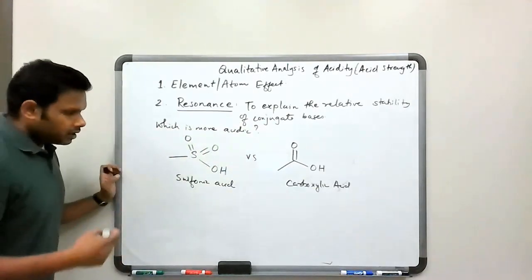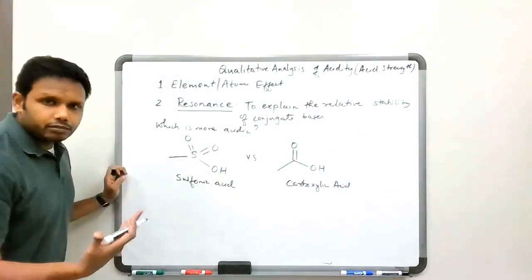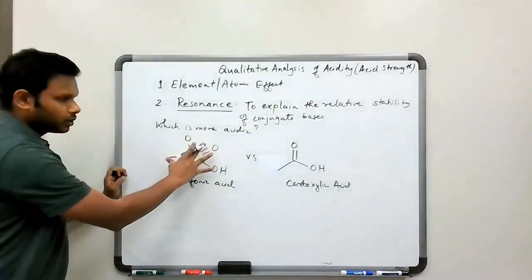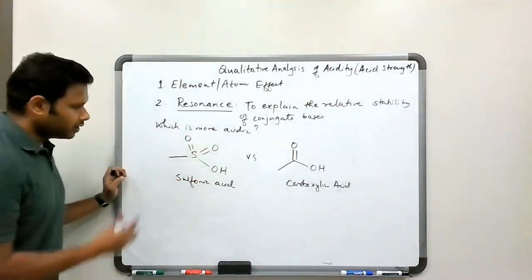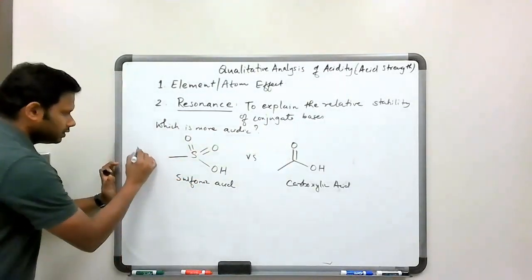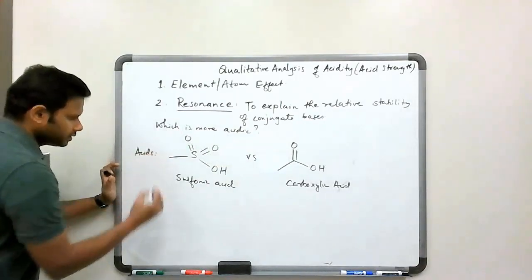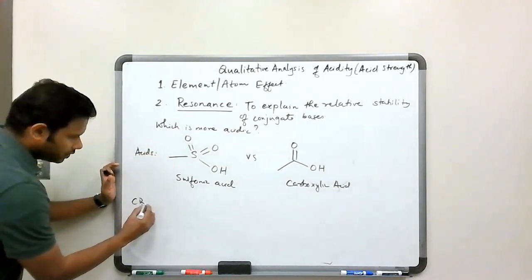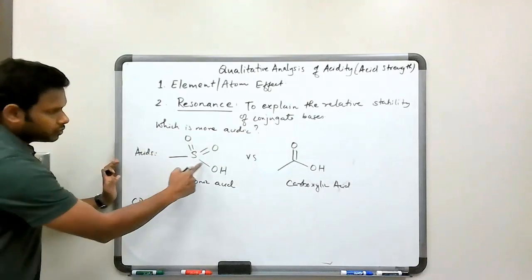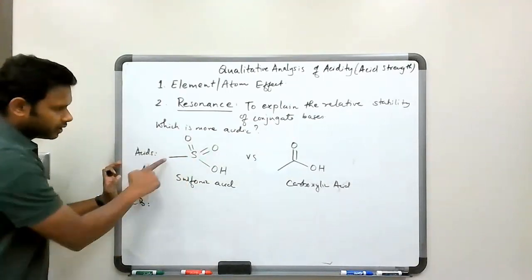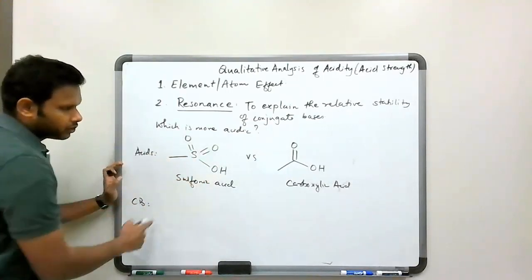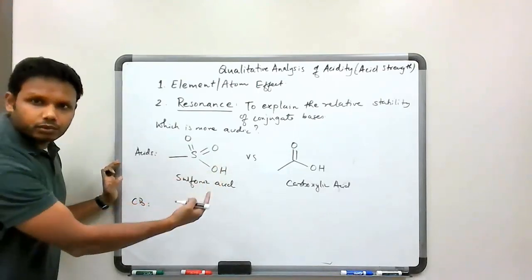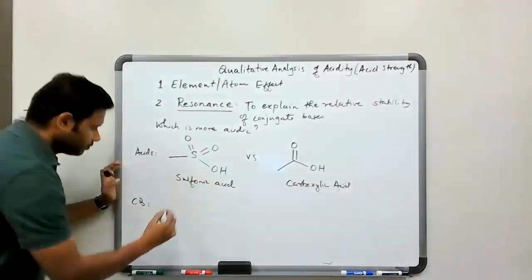So again, it really doesn't help or make sense to look at the carboxylic acid itself. So what we're going to do is, these are the acids, and we're going to draw their conjugate bases. I'm going to draw the conjugate base of the sulfonic acid. So there's a CH3 group here, there's an OH. Most likely that's the proton that's going to get deprotonated.